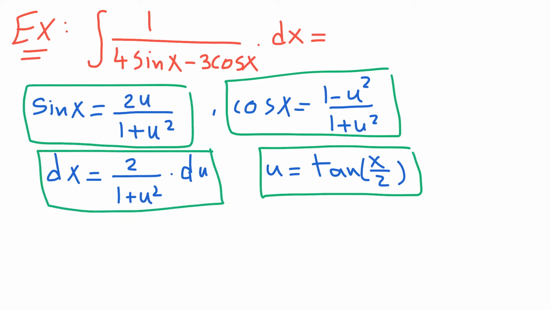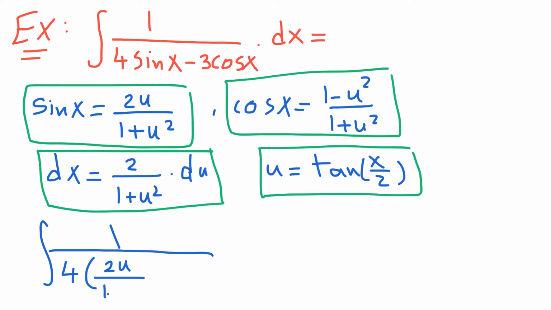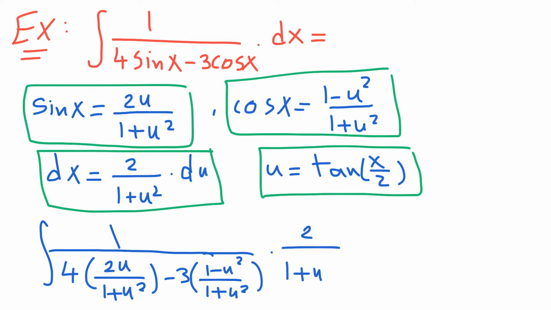Okay, now I'm going to substitute. It will be 1 over 4 times 2u over 1 plus u squared minus 3 times 1 minus u squared over 1 plus u squared, then times dx, which is 2 over 1 plus u squared du.